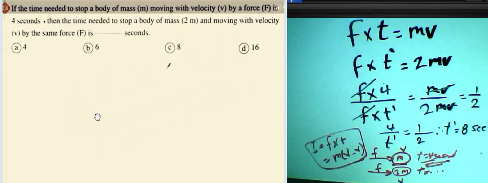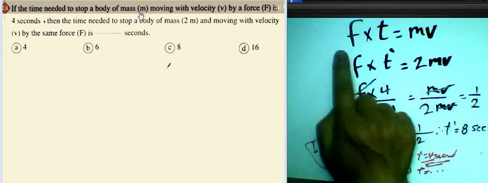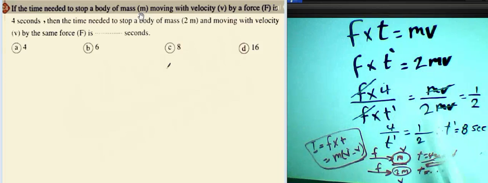We know the impulse equals F multiplied by t, and equals m multiplied by (v dash subtracted by v). We want to find t dash. The first body's mass was m, so F times t equals m multiplied by v.